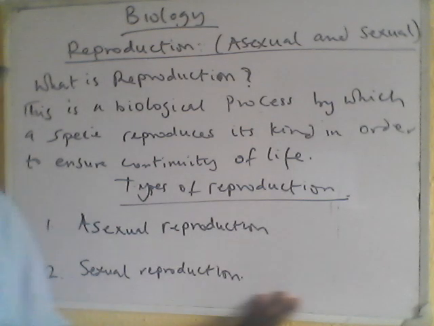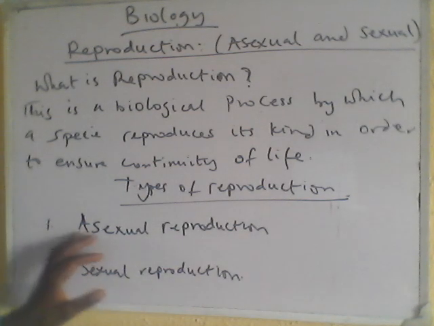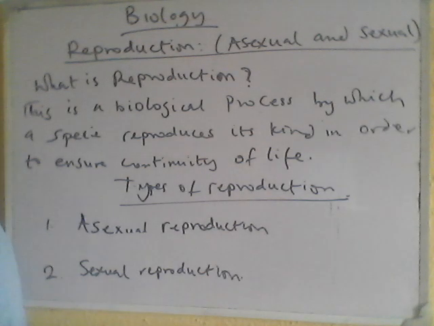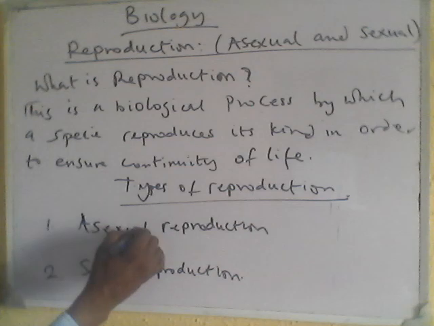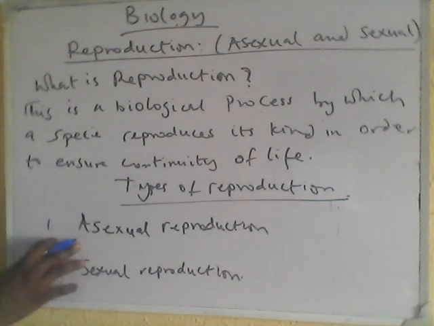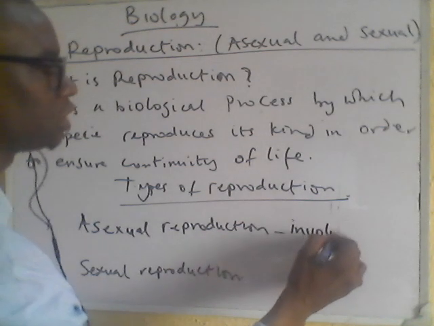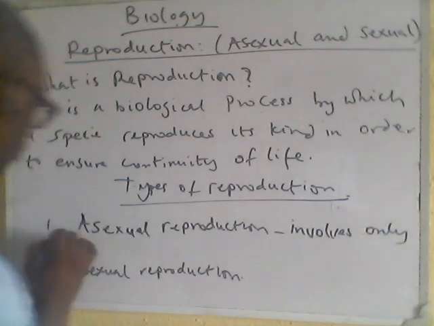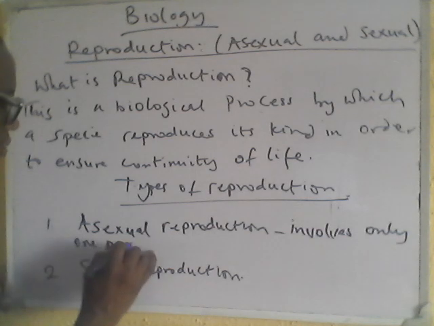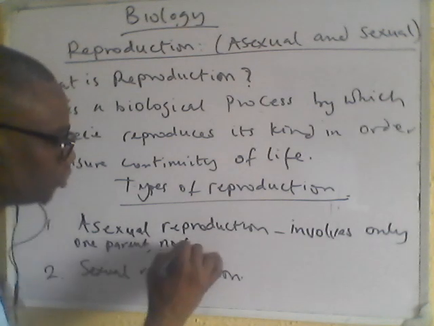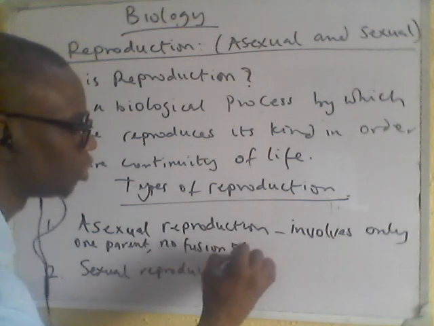So in this sexual reproduction, there is genetic variation, while in asexual reproduction, the offspring is identical, 100% or 99.9%, like a clone of itself, okay? So I will just put a note under it for us to see. For asexual reproduction, it involves only one parent, and no fusion, no joining together of gametes.